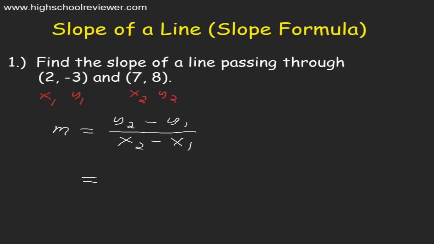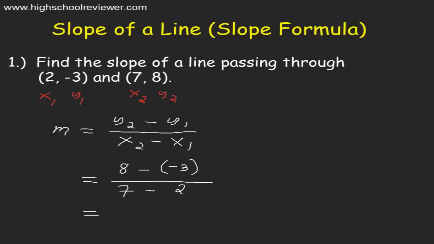And then we will just substitute the given. Our y sub 2 is positive 8 minus y sub 1, which is negative 3, all over our x sub 2, that is positive 7 minus x sub 1, which is positive 2.